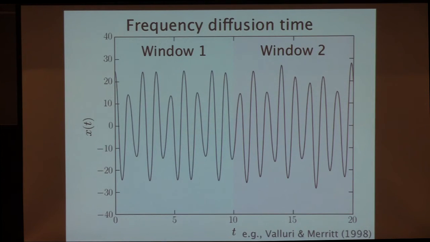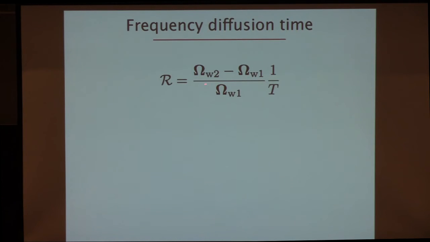And you take the fast Fourier transform of each, and you pull out the main frequencies exhibited during that period of time. And you compare the two. So you pull out, using the fast Fourier transform, the orbital frequencies from window 1 and window 2. And the frequency diffusion time is the fractional change in the orbital periods over the time you did the experiment. So this is the classic frequency diffusion time.